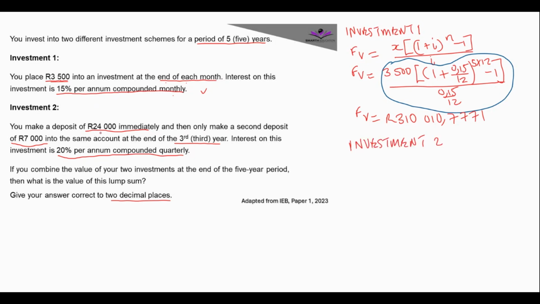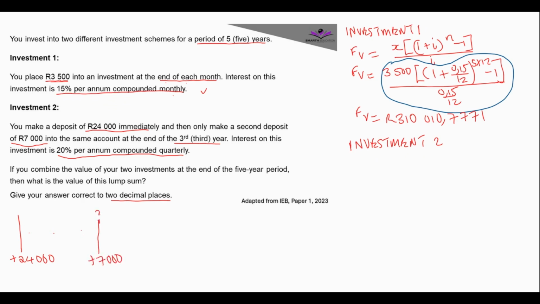You make a deposit of 24,000 immediately. So there's a deposit. Let me draw the timeline here. So we have a deposit of 24,000, and then only make a second deposit of 7,000 into the same account at the end of the third year. So we have year 1, year 2, year 3, and then we add another 7,000.